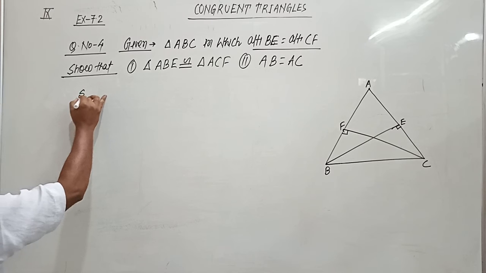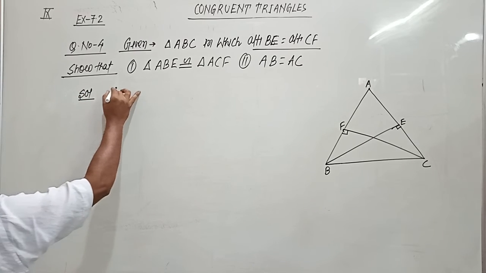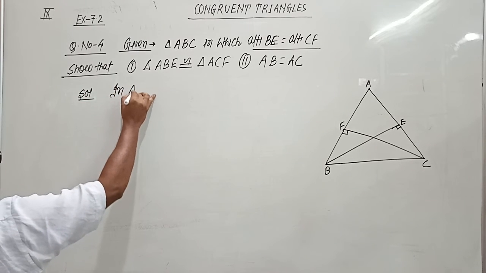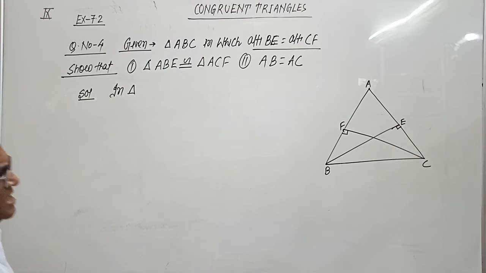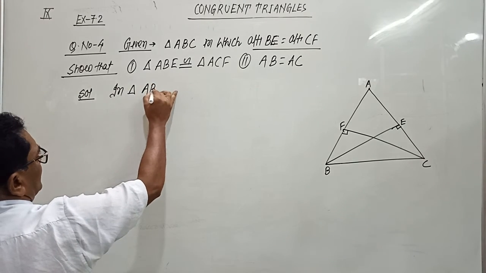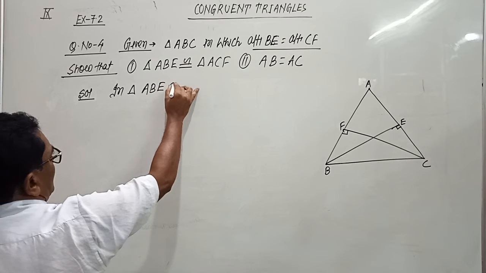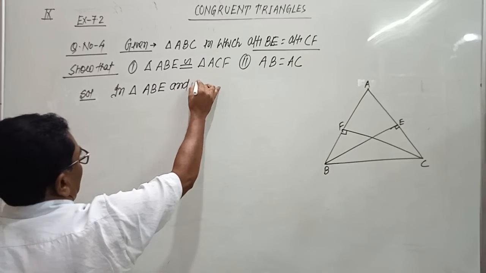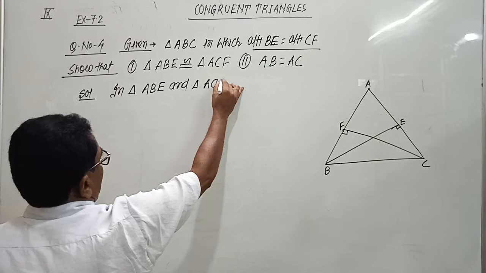So we take two triangles, triangle ABE and triangle ACF.